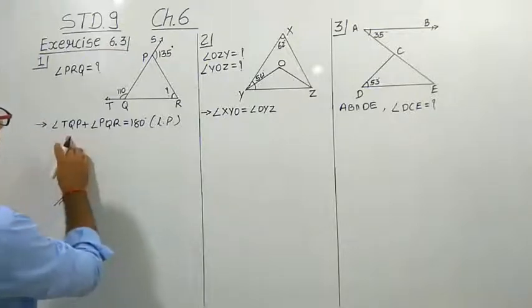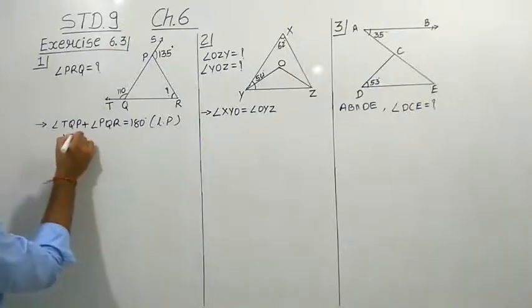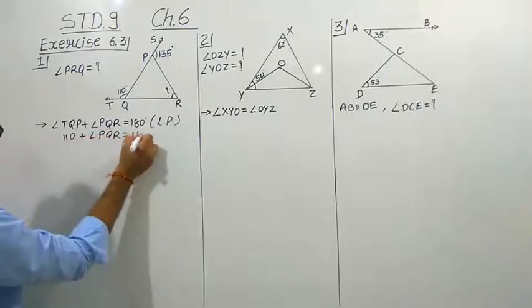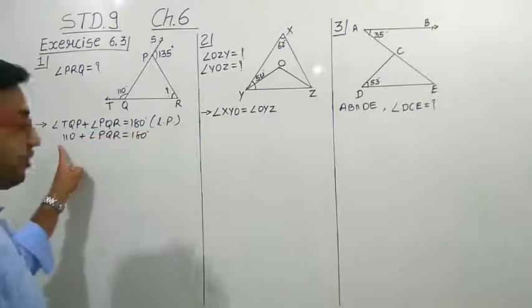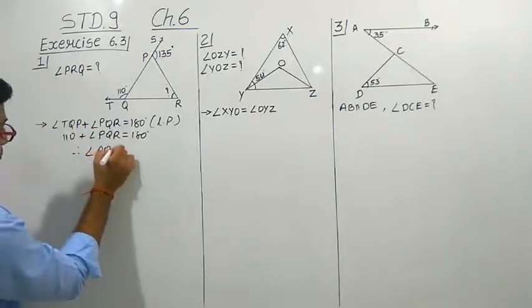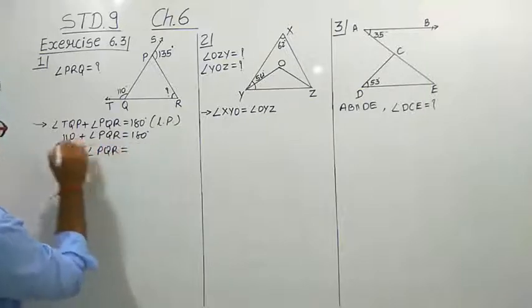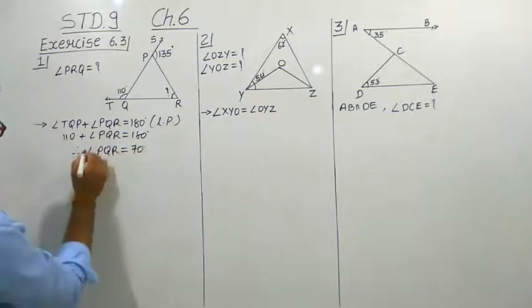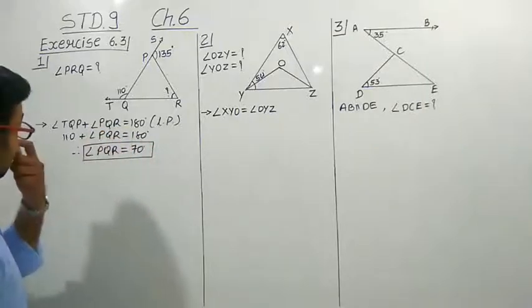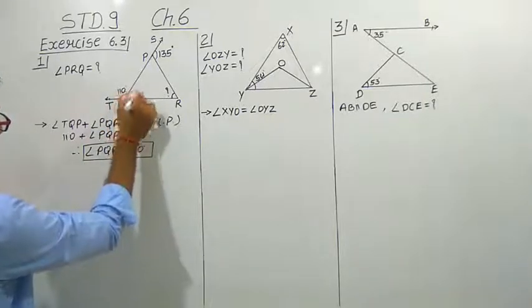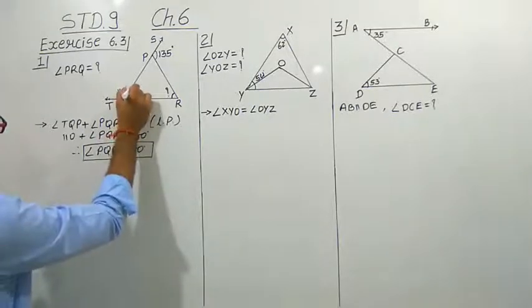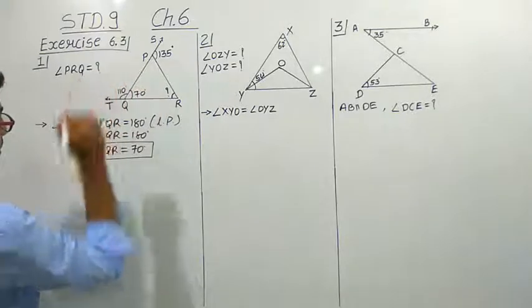So the value of TQP is 110 plus angle PQR equals 180 degrees. Now take this 110 to the right-hand side, therefore we get angle PQR equals 180 minus 110, that is 70 degrees. So this is the first angle value we have, 70 degrees. We can also note it down here.